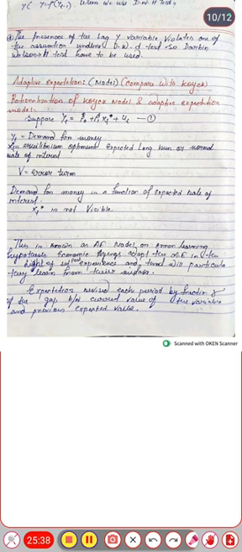Adaptive expectation model: suppose Yt is equal to beta naught plus beta 1 Xt star plus ut. Here consider Yt, the explained variable, as demand for money. It depends upon the normal rate of interest, and u is an error term.